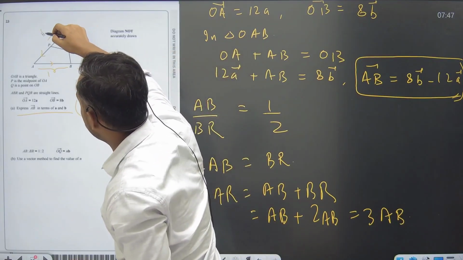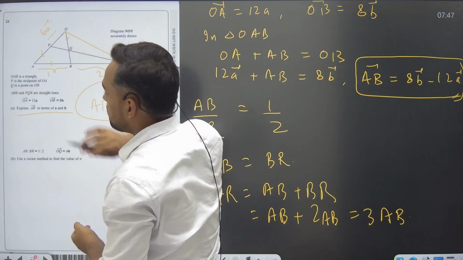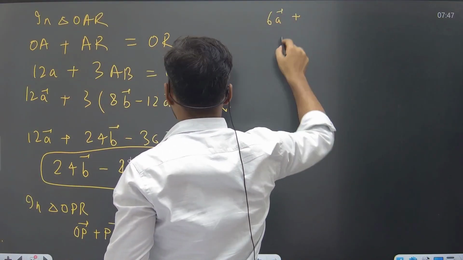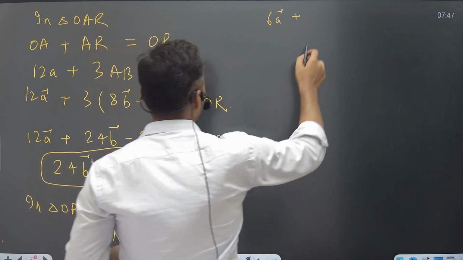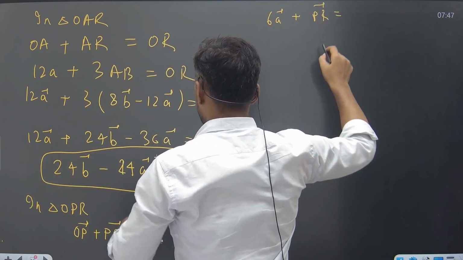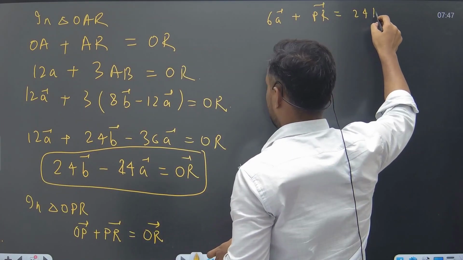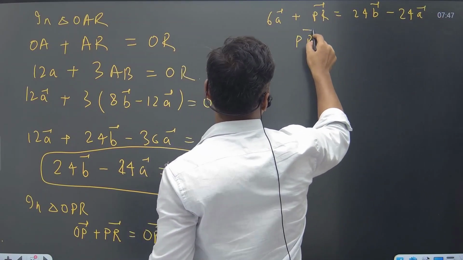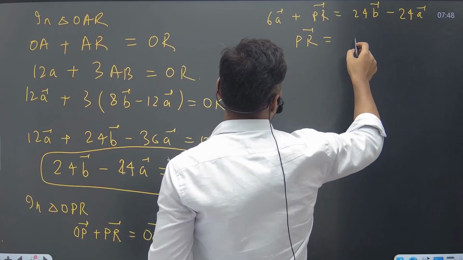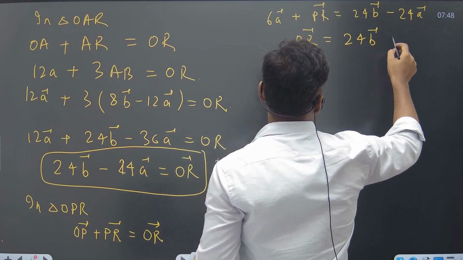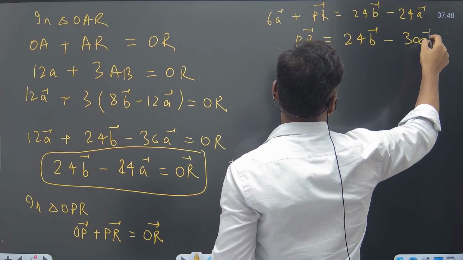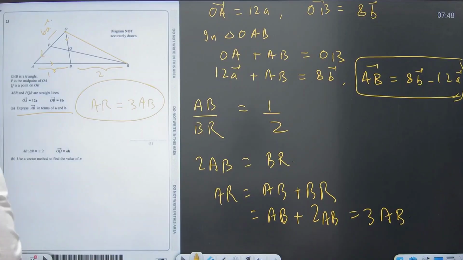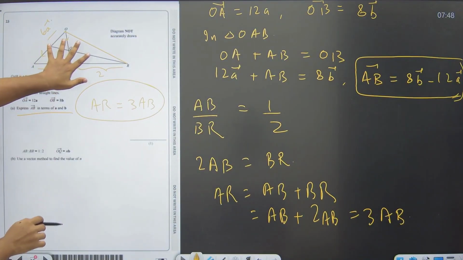This particular part will be the 6A vector, student, because P is the midpoint. So OP will be 6A plus PR, we don't know, let it be PR, and OR will be 24B negative 24A vector. From here you will get the PR vector equals 24B vector minus 30A vector. This is the value of the PR vector. Now we have got the value of PR as well.